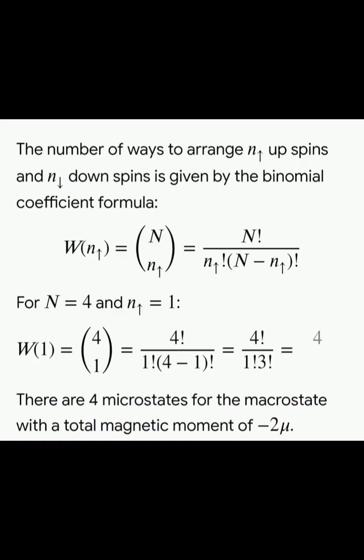For N = 4 and n_up = 1, this is equal to 4! / (1! (4 − 1)!), which is 4! / (1! 3!) = 4. That is, here there are 4 microstates for the macro state having a total magnetic moment of −2μ.